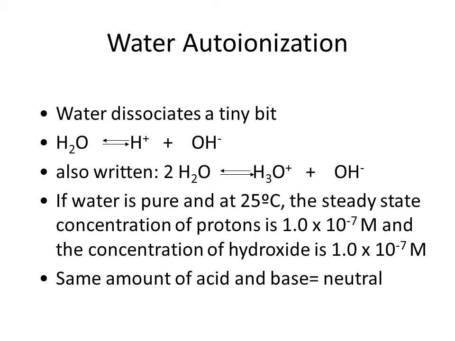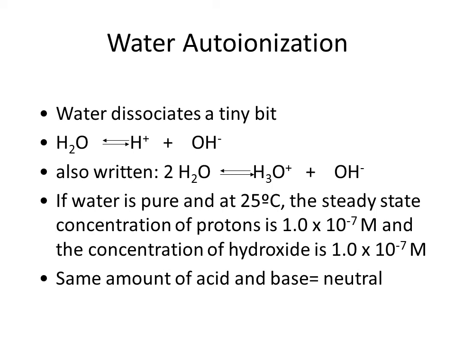Now, when water is pure and at 25 degrees Celsius, there is a concentration of protons of 1 × 10⁻⁷ moles per liter. And this is steady state, this equilibrium. The two ions are constantly rejoining and forming water, and water is constantly splitting apart and forming the two ions.